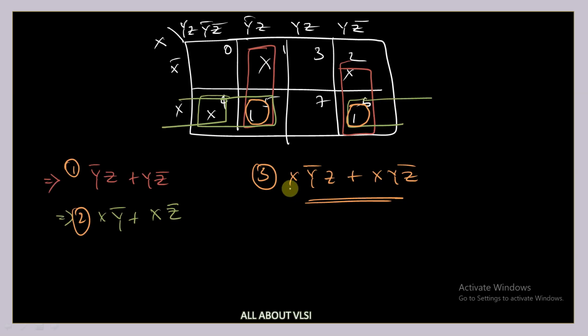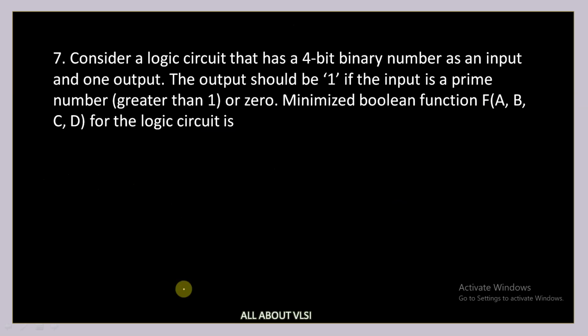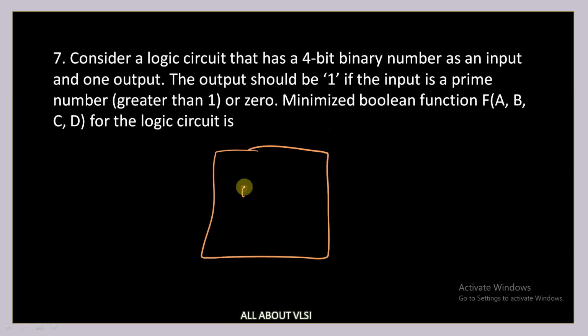I'm getting option B. So consider a logic circuit that has 4-bit binary number as an input and one output. The output should be 1 if the input is a prime number greater than 1, or the output should be 0. So for that we need a minimized Boolean function. So that we have a circuit, a black box like this.